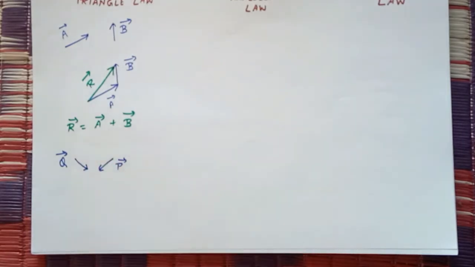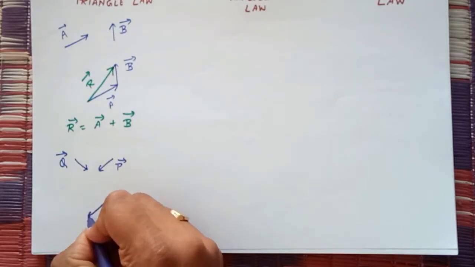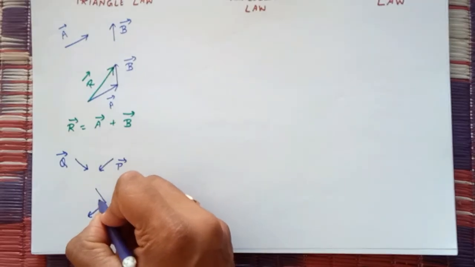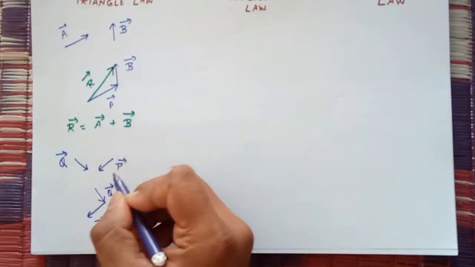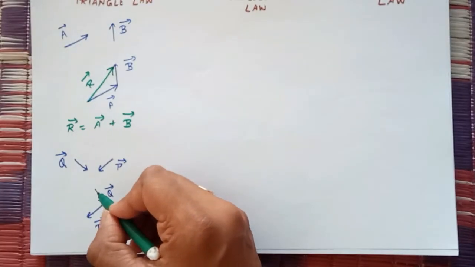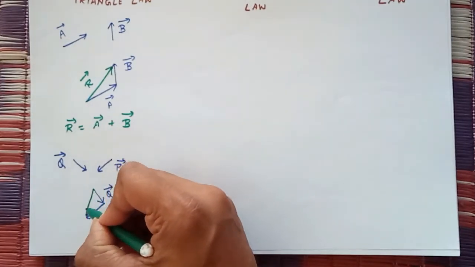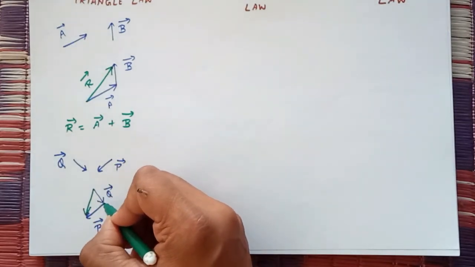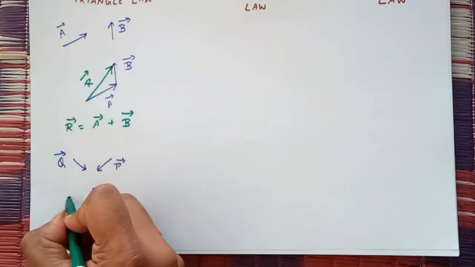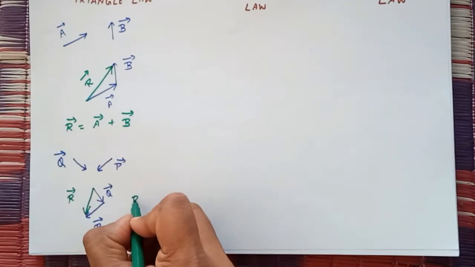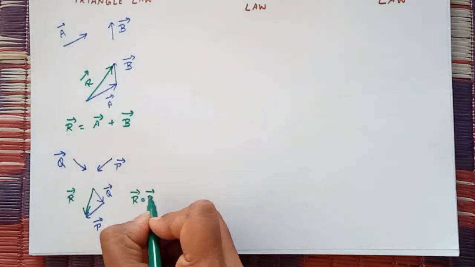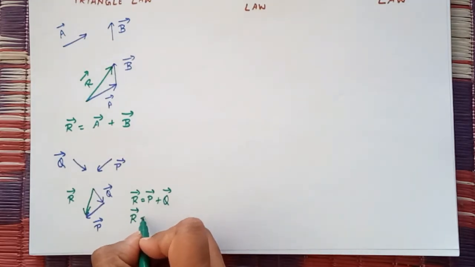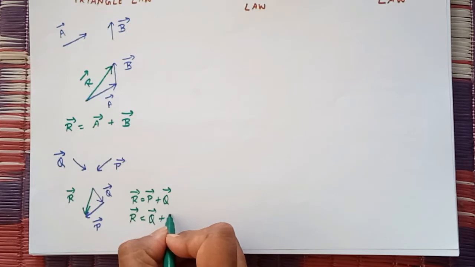So this is P vector and Q is shifted here, so this is Q vector, and the R vector will be the closing side of this triangle. This will be the R vector in the opposite direction, meaning Q plus P will be this one, R vector, or I can write it as R vector is equal to P vector plus Q vector, or R vector is equal to Q vector plus P vector. Both are correct.